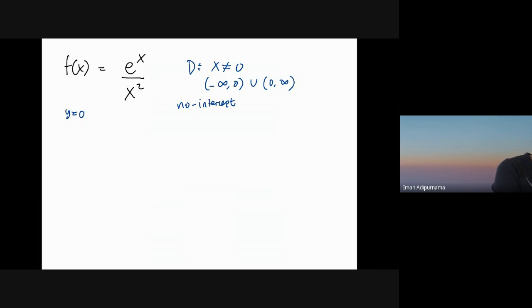If you want to make x equal 0, it's not possible because 0 is not in our domain. So it's not possible to have an intercept. So the curve will not cross any axis.